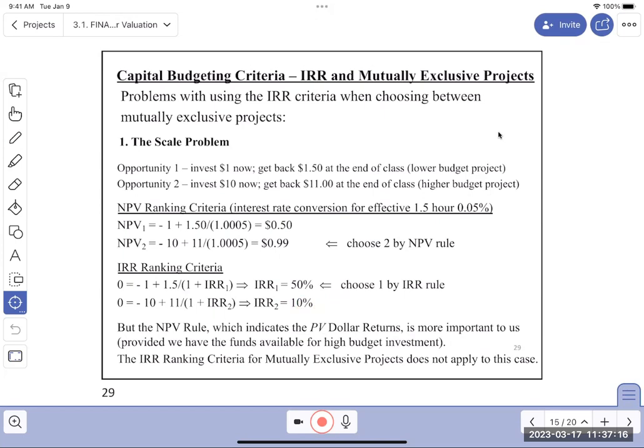The first project is low budget, so that's why the return looks so high. The second one is a high budget project. But in dollar terms, the NPV shows you that you get a whole $1 back, which is better. Who cares that it's only 10%? It's a lot more money than 50 cents. So this is the trick. These are not comparable projects on that scale. So think about that.